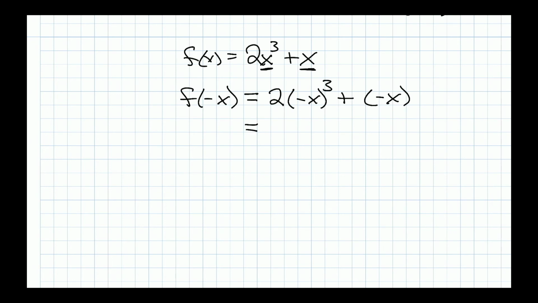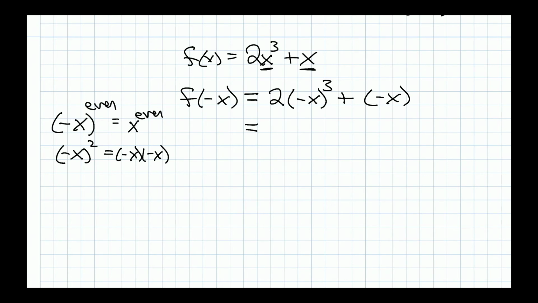Now, after that, you need to figure out what's going on here. The main thing that you need to know is this: a negative x to any even number is just x to the even number. Like negative x to the 2, for example, is just x squared. That's because when you do negative x times negative x, a negative times a negative is a positive.